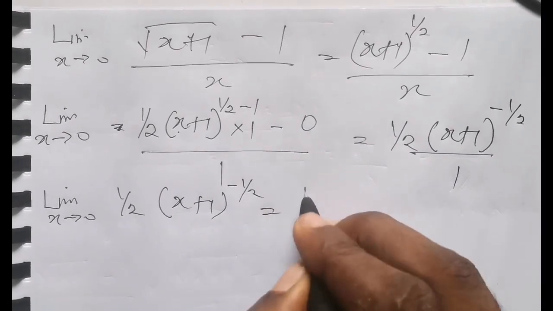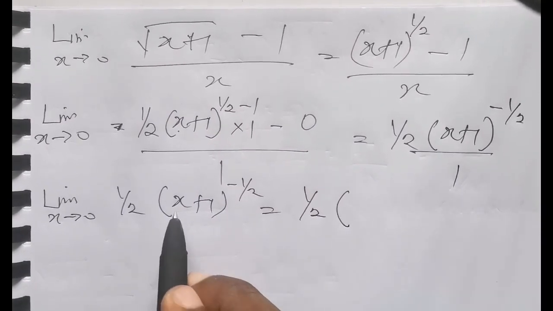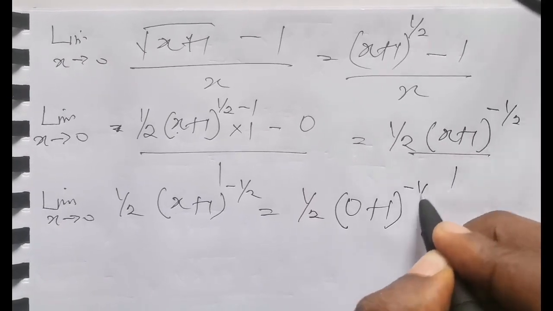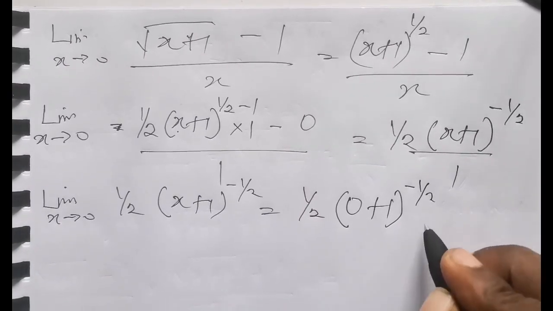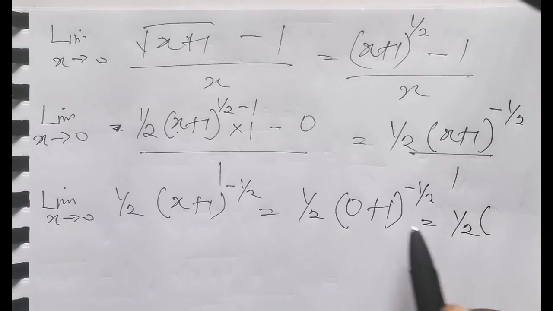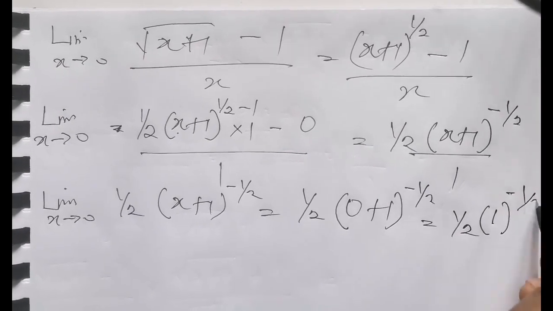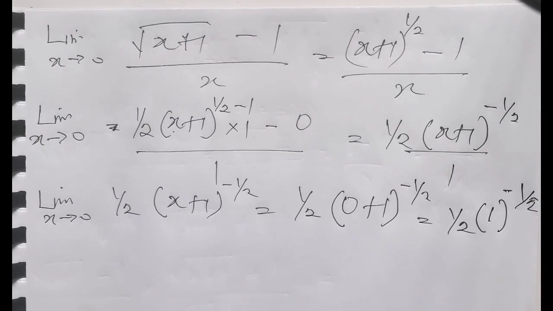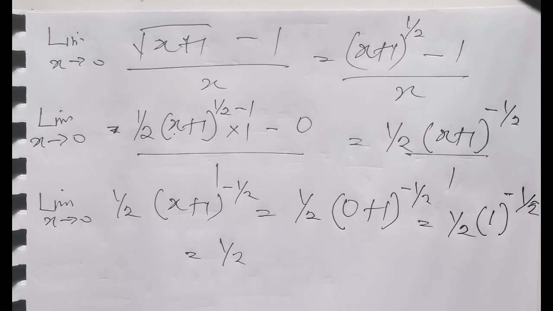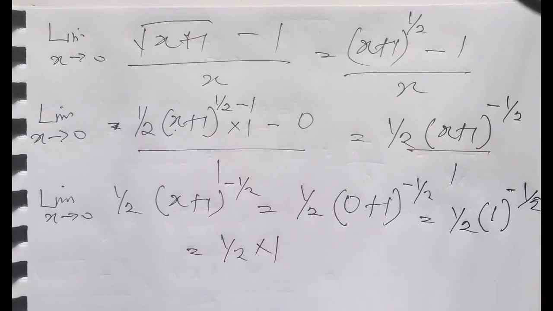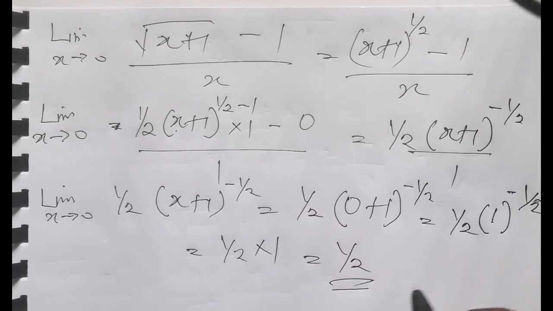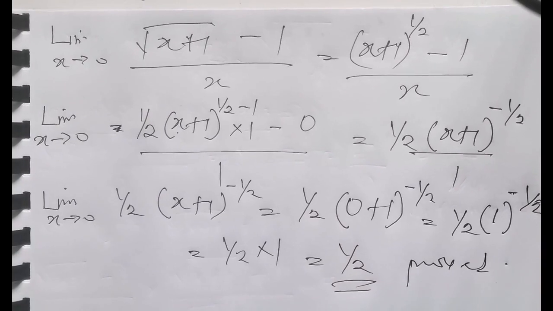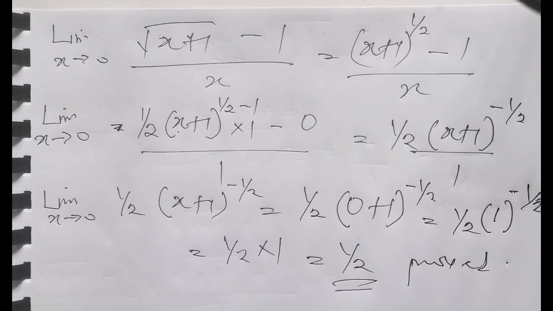This is going to be equal to 1 over 2 into 0 plus 1 to the power of negative 1 over 2. 0 plus 1 remains 1, and 1 to the power of negative 1 over 2 remains 1. So you simply have 1 over 2 multiplied by 1, which still remains 1 over 2. So also from L'Hopital's rule, the proof of that function remains 1 over 2.